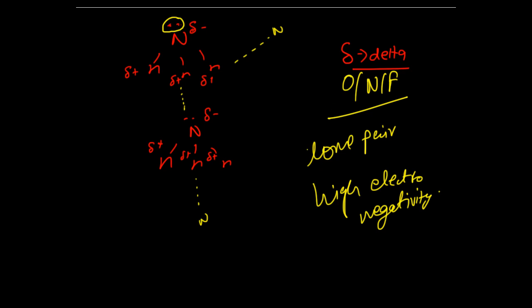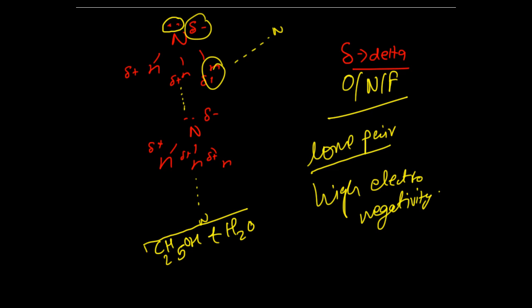So first you must show the lone pair, second you must show the polarity, that is delta minus and delta plus, and the last thing you must show the hydrogen bond using dotted lines. So now try to show the hydrogen bonding between ethanol and water. This is a simple assessment for you.